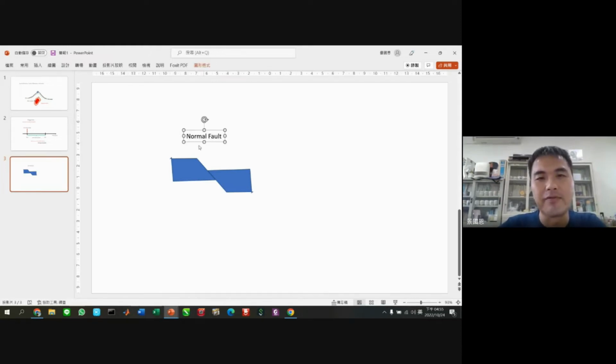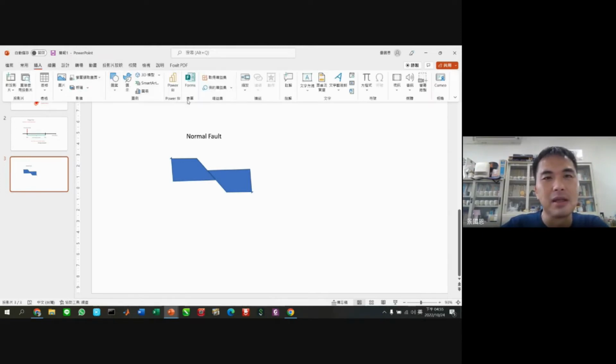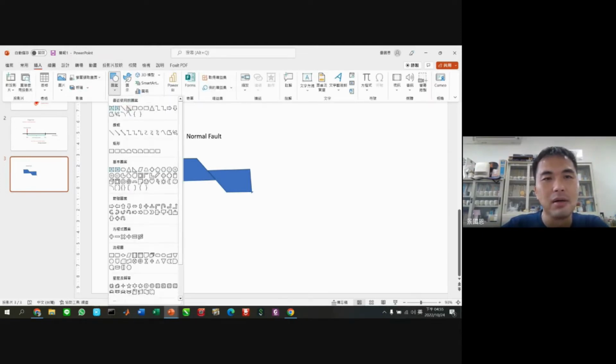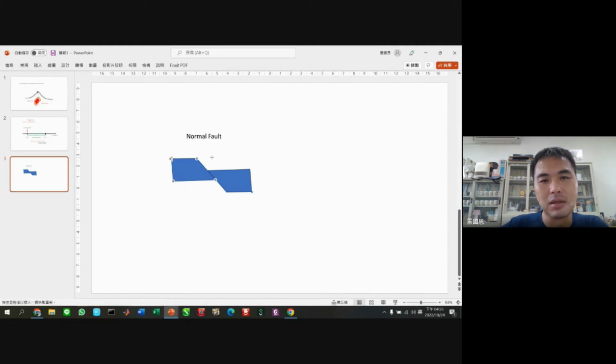Then based on this figure, you will expect the coseismic displacement will look like this. Everything on the hanging wall may go down like this, and the pattern of horizontal displacement may look like this.